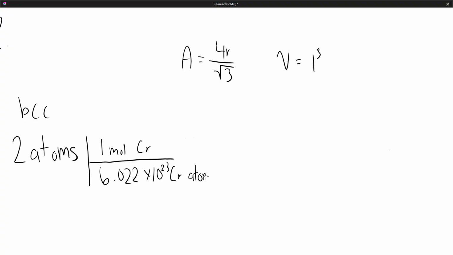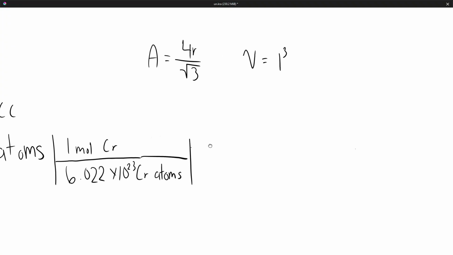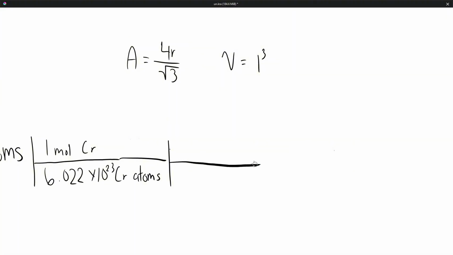My handwriting's a little ugly, but yeah. So from this, we go to a mass, using chromium's molar mass, which is 52.00 grams chromium for every 1 mole of chromium.